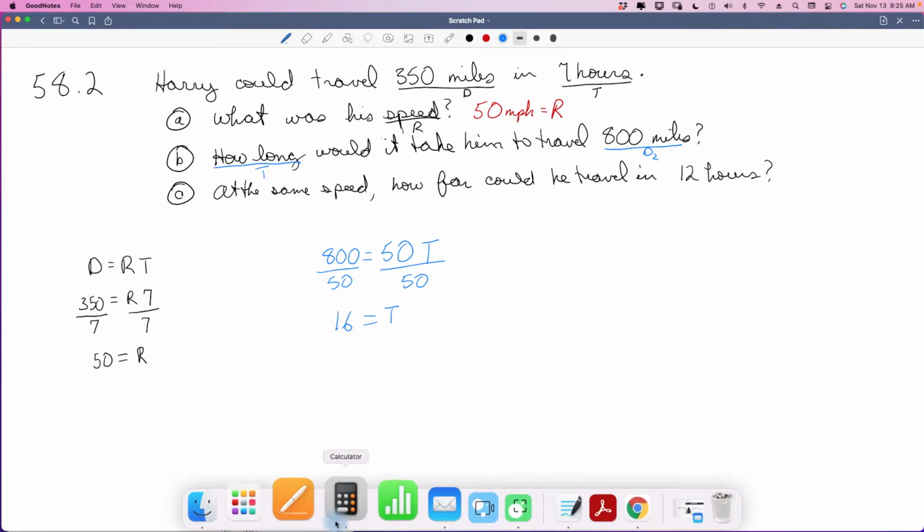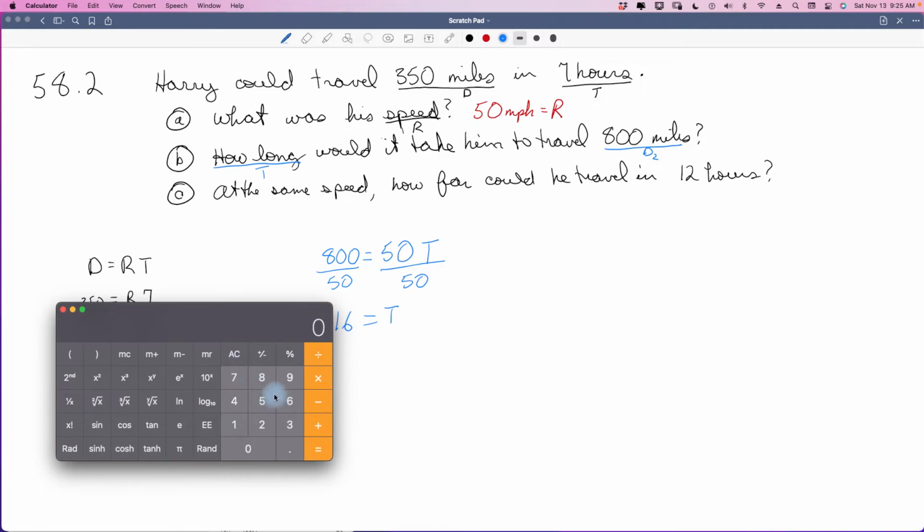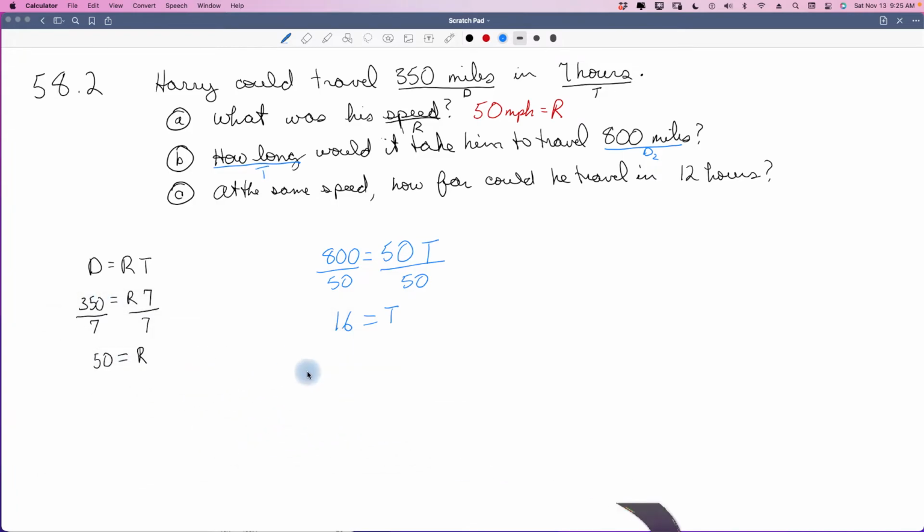I think that's right. Let me double check. 800 divided by 50. Yeah, all right, I got that one. Good. Sometimes, my old brain, I have to check it. So it would take him 16 hours to travel 800 miles if he stayed at the same speed. So 16 hours would equal his time.